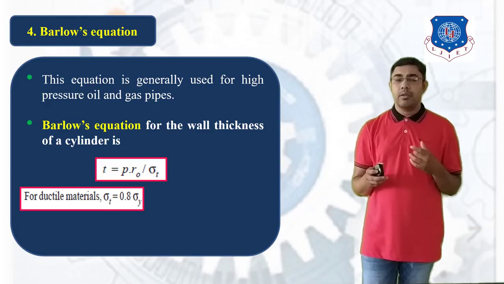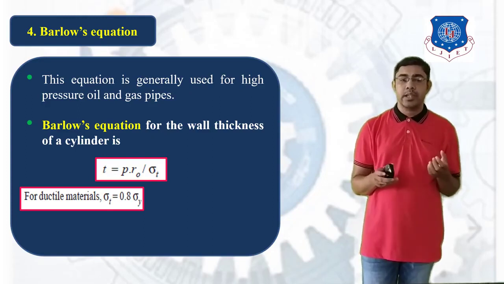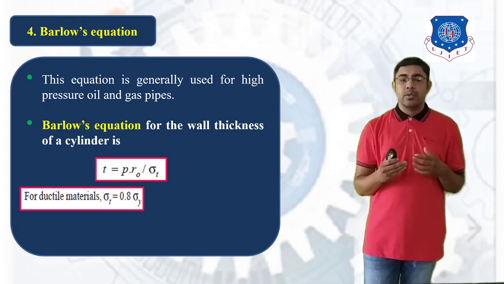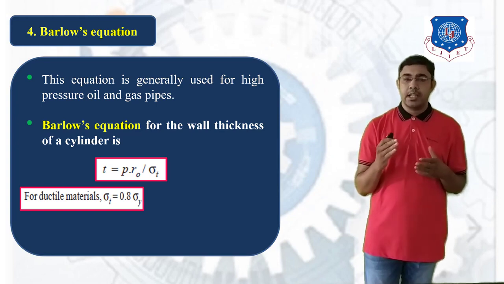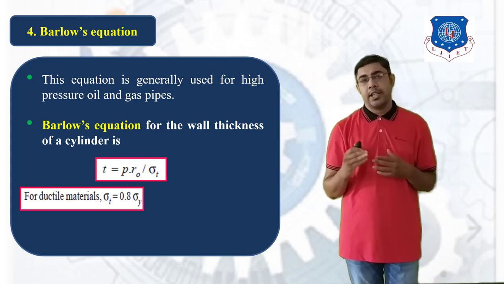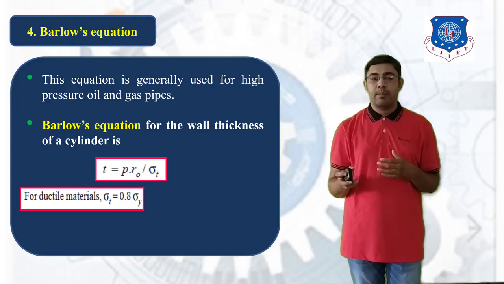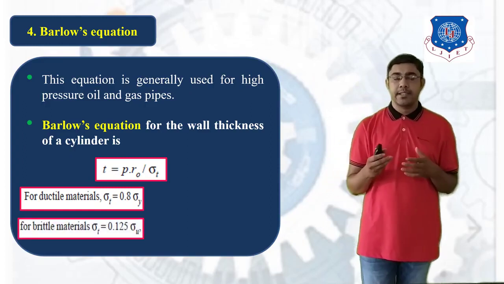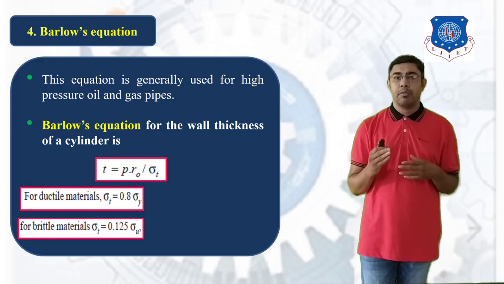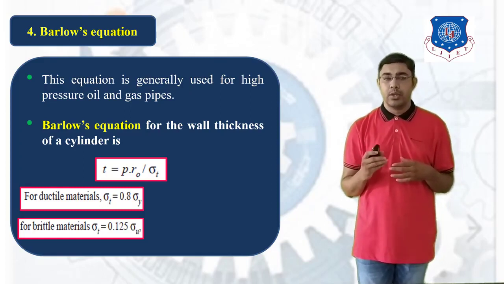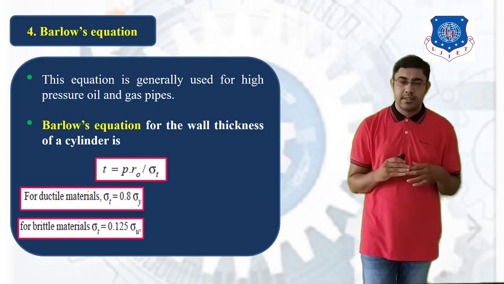And here you have to take the sigma T value according to the material. So for ductile material, you have to take sigma T is equal to 0.8 into sigma y, and for brittle materials you have to take sigma T is equal to 0.125 into sigma u, that is the ultimate tensile stress.